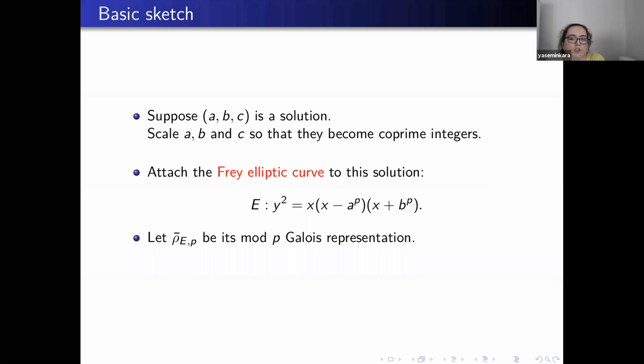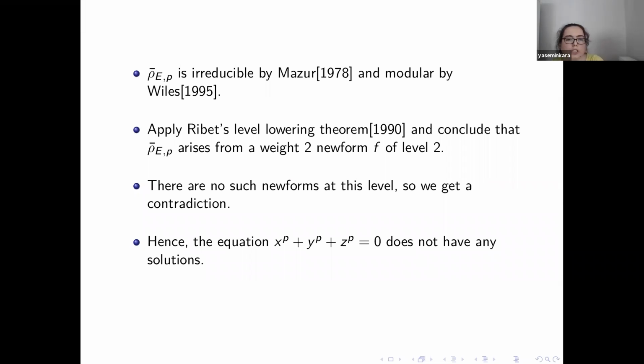And then you attach the Frey elliptic curve to this solution, and it is y squared equals x minus a^p, x plus b^p. And then ρ_{E,p} denotes its mod p Galois representation. And then for each p, actually these mod p Galois representations are irreducible by Mazur's work.